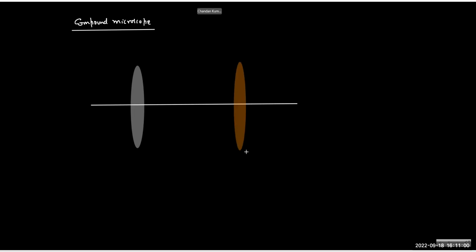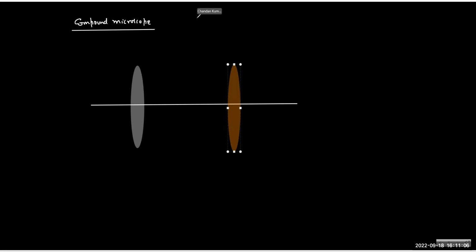As the name suggests, compound means we need to use more than one lens. When you use more than one lens, there are some technical terms that we need to understand. So let's say we have lens number 1 and lens number 2. On one side of the lens, we have the object kept.